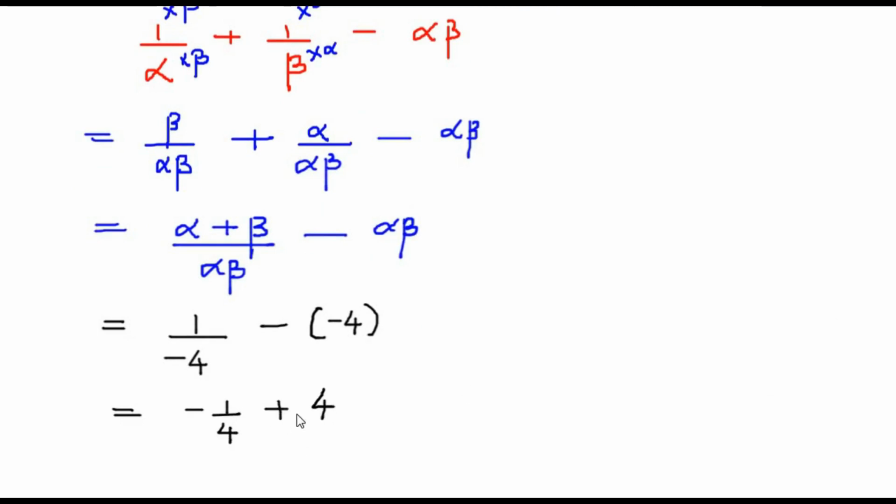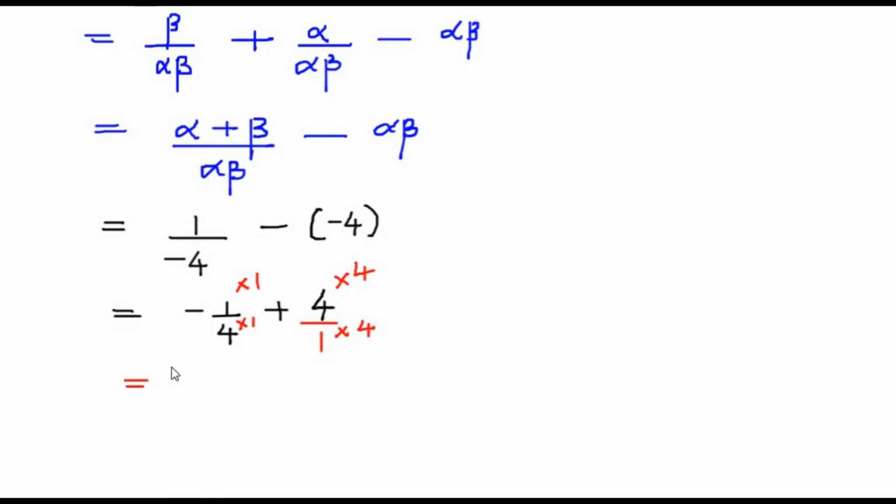Now again taking the common LCM, so let us write here 4 over 1. So here cross multiplying, we are going to multiply it with 4 and same thing with the denominator, and here we are going to multiply with 1. So 1 times 1 and 4 times 1. So this simplifies as negative 1 times 1 is negative 1 over 4 plus 4 times 4 is 16 over 4.